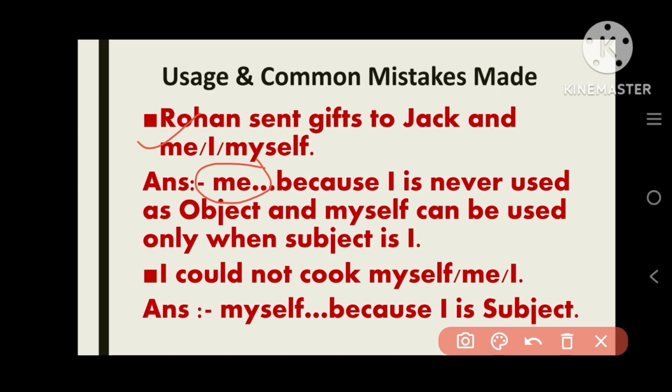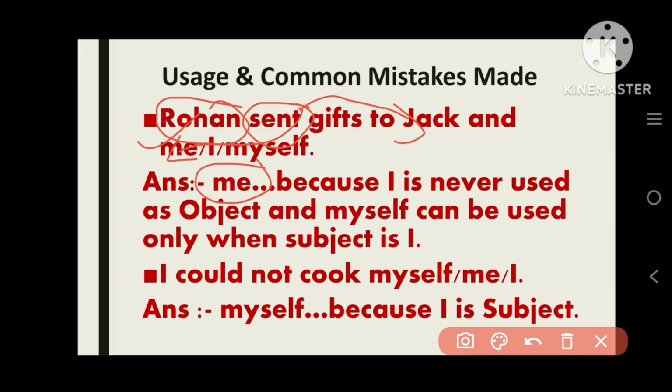Because here me is being used as an object. Rohan is doing the action, so Rohan is the subject. This is the action word, and the gifts are being given to Jack as well as me. When the action is done on some noun or pronoun, that becomes the object. So the answer is me, because I is never used as object and myself can be used only when the subject is I.